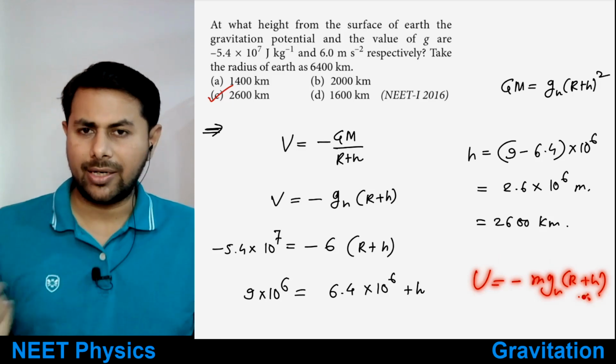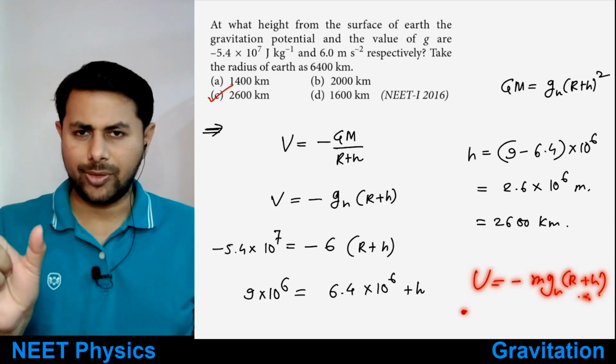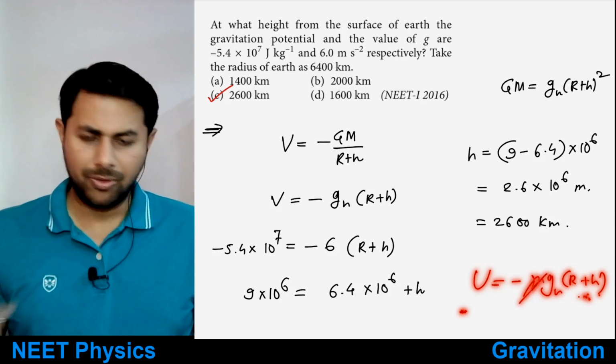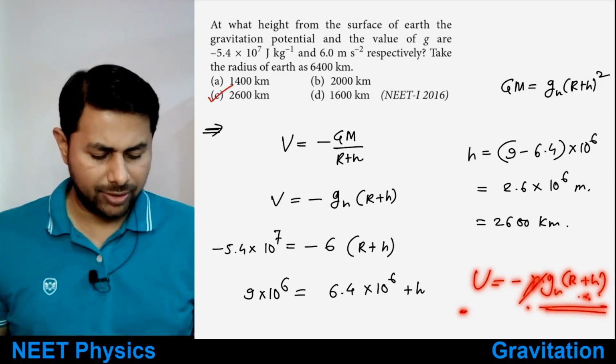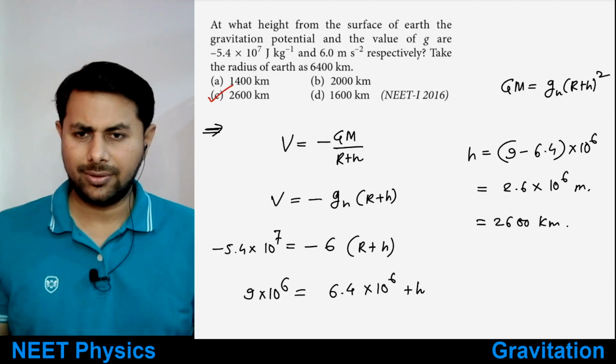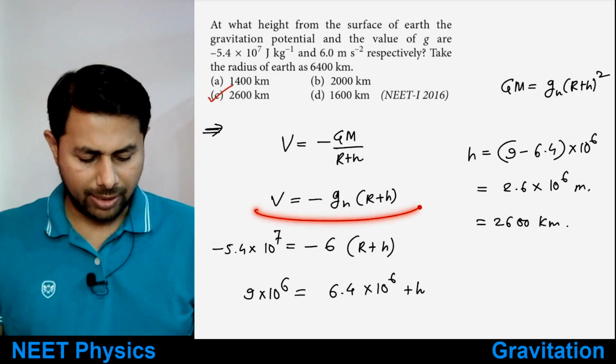V is just U divided by m. The gravitational potential is potential energy divided by mass. So if you remove m, you can write this formula, minus g_h into (R plus H). Or you can just remember this formula for gravitational potential.